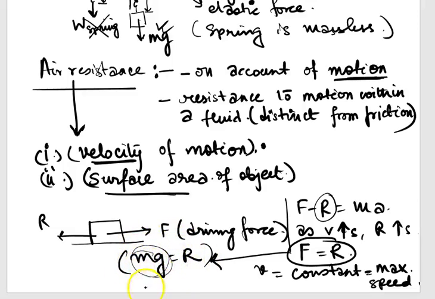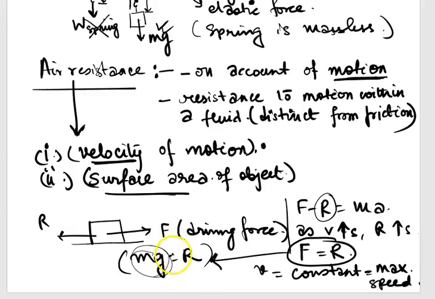So if the parachute was not open at this point, you would have fallen with this constant velocity, and that would have been fatal for the person because this velocity is extremely high. So all this is there in the textbook, but I just wanted to put that in perspective.